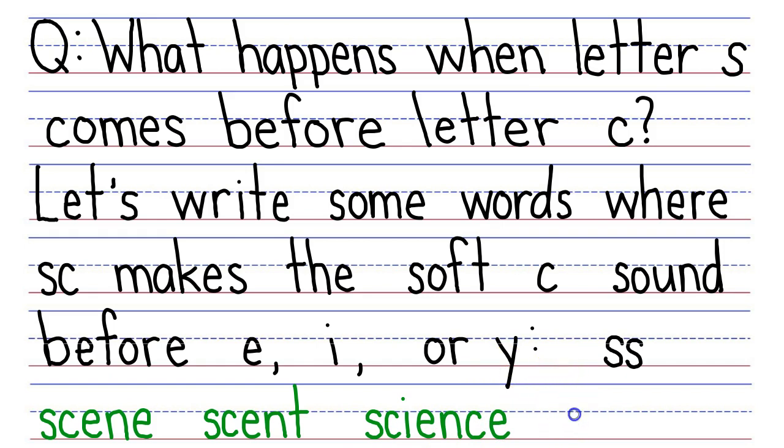Next word, scythe. We've got SCY. So because the C comes before a Y, it makes the soft C sound, S. The S also makes the same sound, S. They blend together into one sound, S. The Y makes a long I sound, I, because it's in a word with a silent final E. The TH makes the voiced TH sound, th.